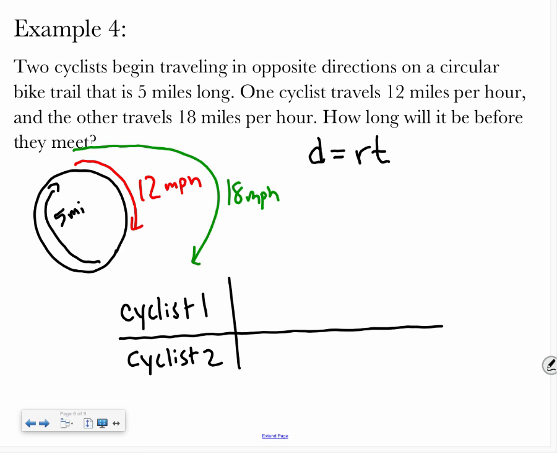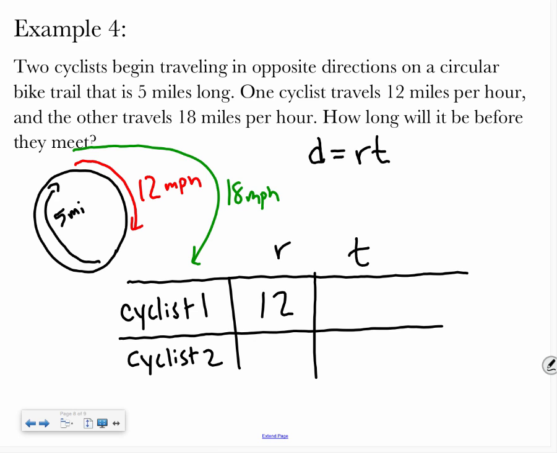Okay, so we want to know what is our rate. Our first cyclist is going 12 miles per hour. Our second cyclist is going 18. We want to know our time, and that is when they will meet. How long will it be before they meet? This is where this one gets a little trickier.